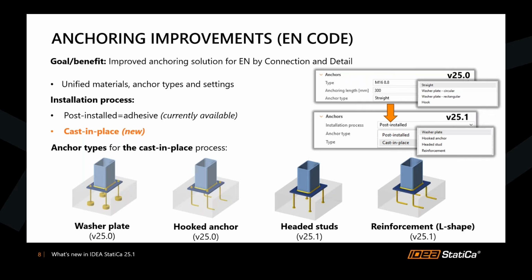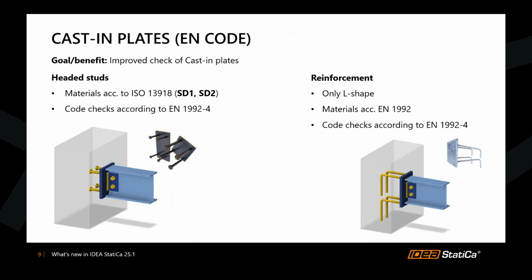Some of them are a headed stud and a reinforcement with the L shape. The headed stud is based on Eurocode 1992-4, and the material is according to ISO 13918, which means the available materials will be SD1 and SD2. For reinforcement, currently only the L shape is available in the Connection application, and the material is according to Eurocode 1992.